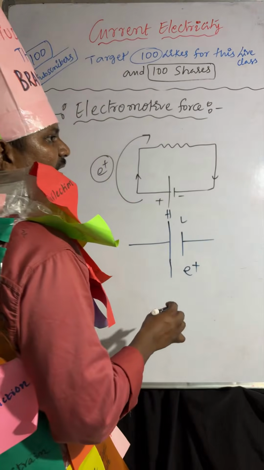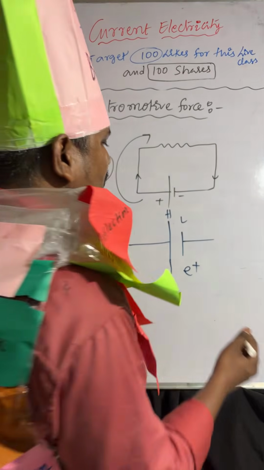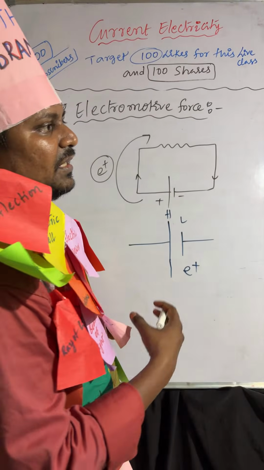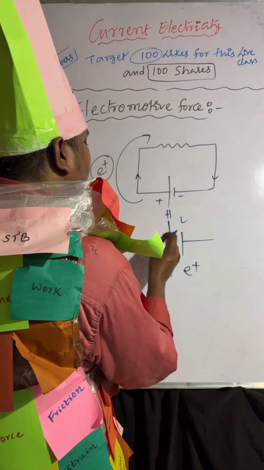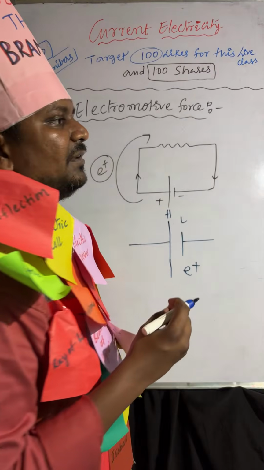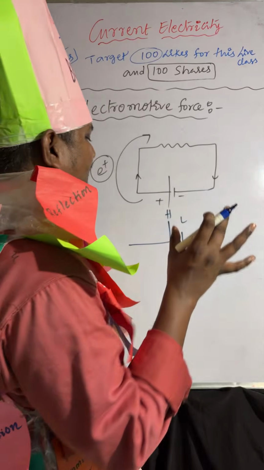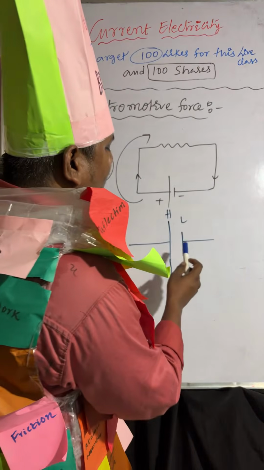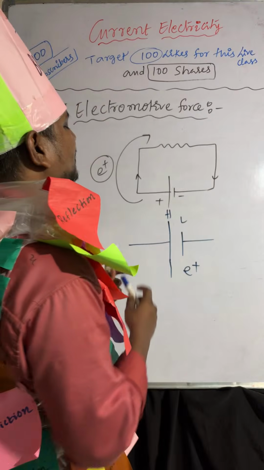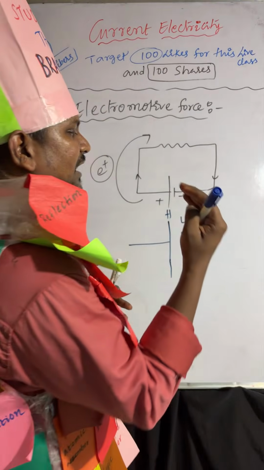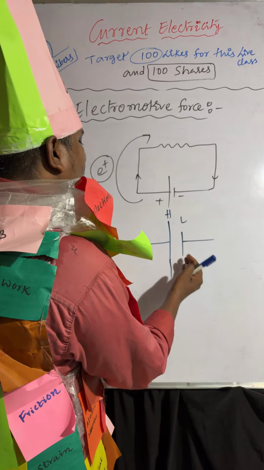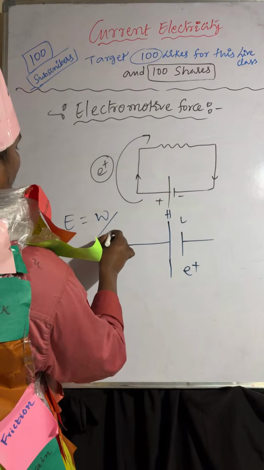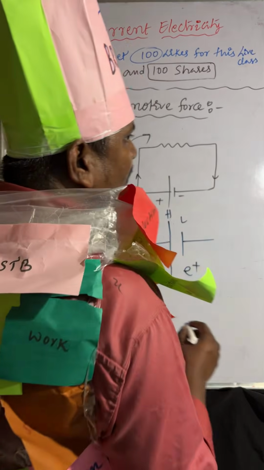The force which is used to move the positive charge from the negative terminal to the positive terminal within the cell, the work done to bring a unit positive charge from low potential to high potential in the cell, is called electromotive force, EMF. So E equals W by Q.